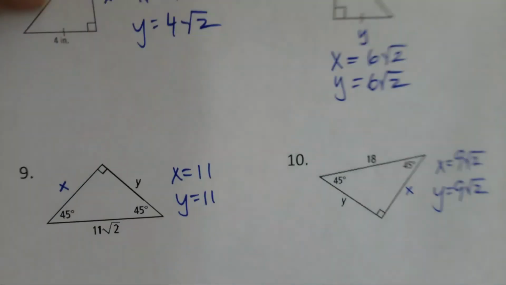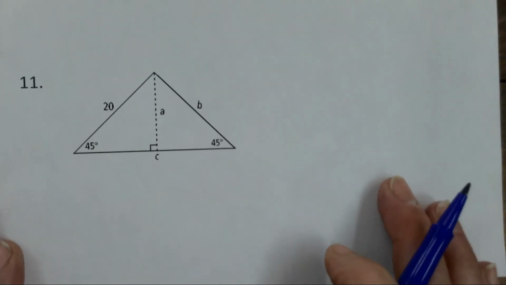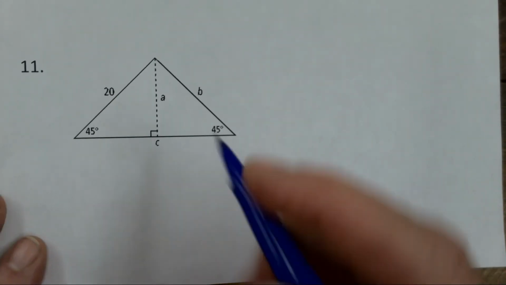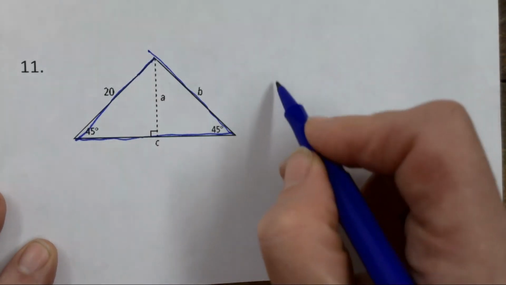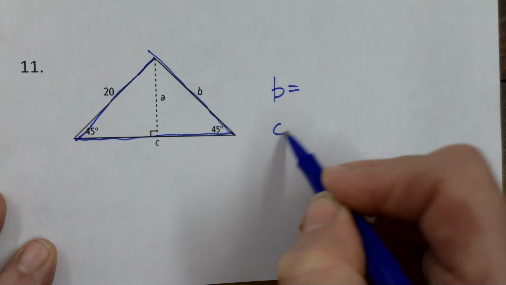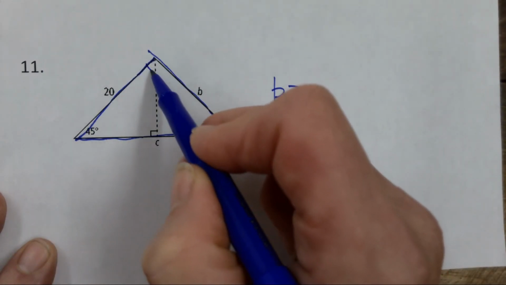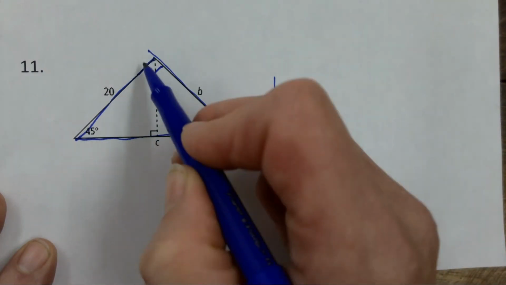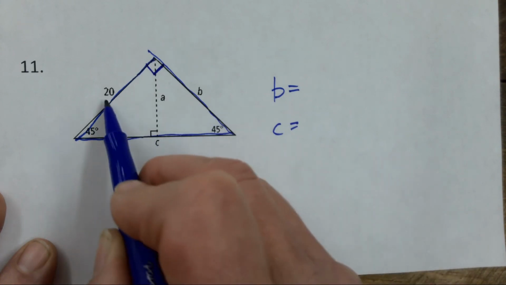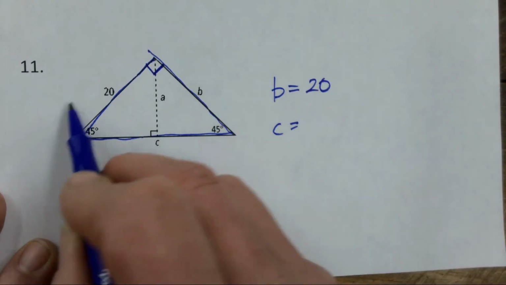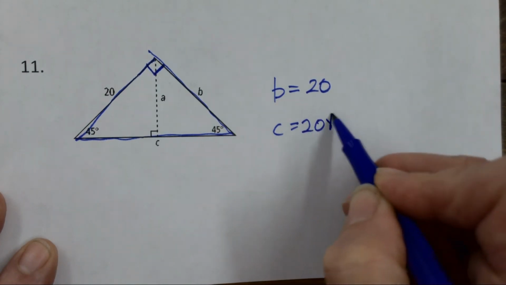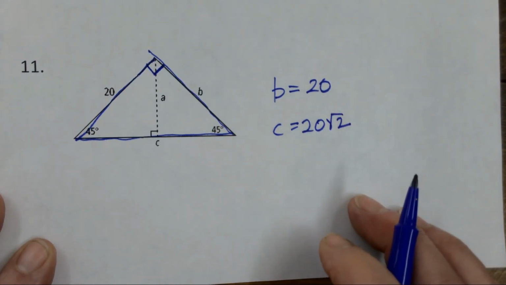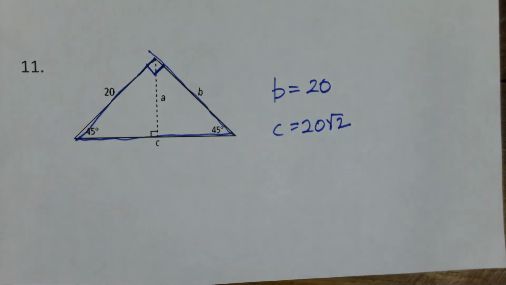Okay, so 11 was probably the one that was going to cause the most problems because we have a big triangle here that would allow me to find b and c, because remember if this is 45 and this is 45, this one must be 90 up here. B and the leg have to match, and C would be the hypotenuse in that triangle. Okay? You might have done that a different way, but that's a way to look at it.